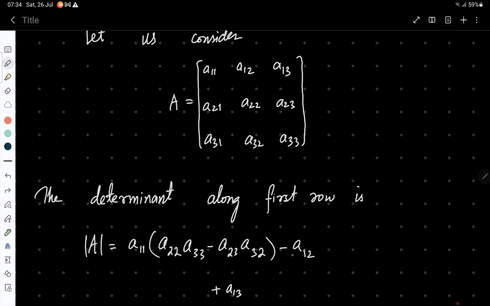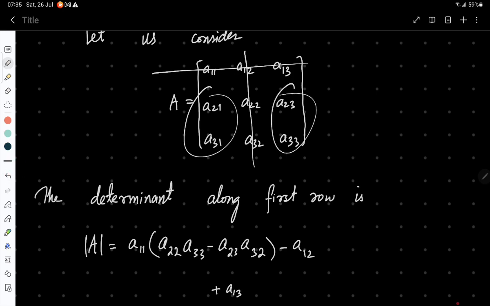Now come to the second position. Because the second position is this, we have to cancel the row and the column in which this entry is lying. I mean, I have to cancel this row and this column. What I am left with is this matrix.